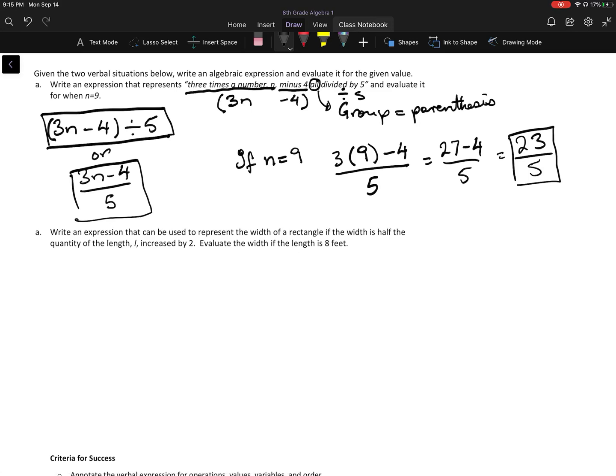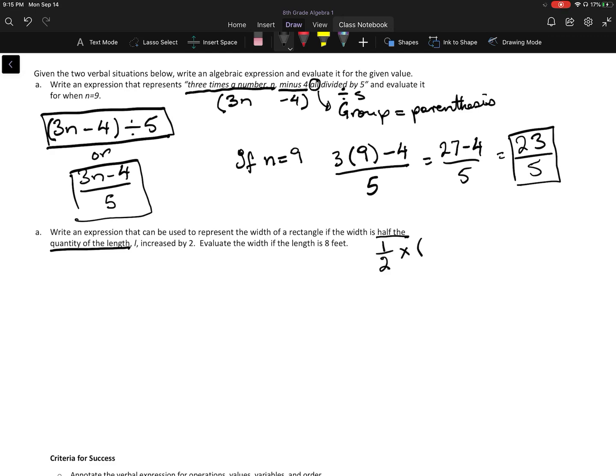So in the next problem, it says, write an expression that can be used to represent the width of a rectangle if the width is half the quantity of the length, L increased by 2. Okay? So let's underline, if the width is half the quantity of the length, L. So for this one, half the quantity, we know half, right?